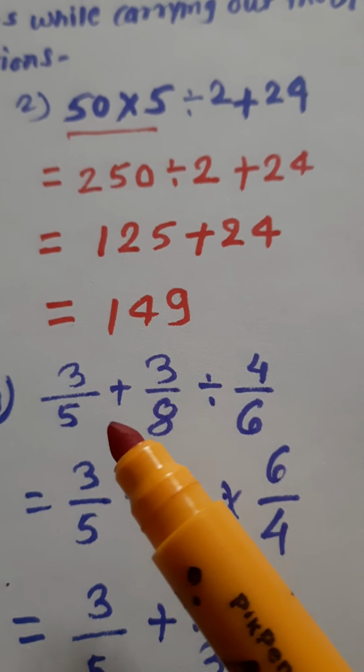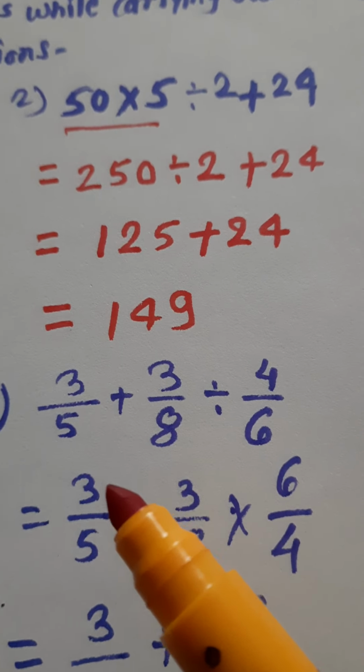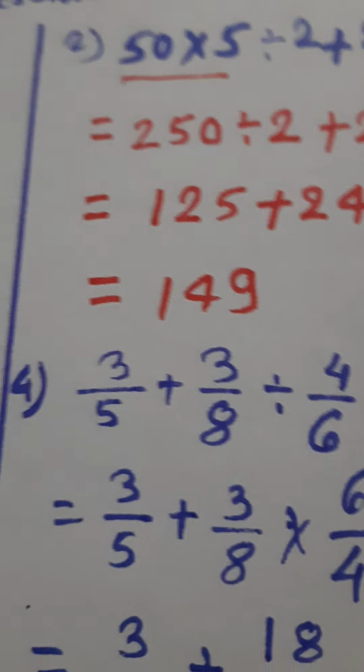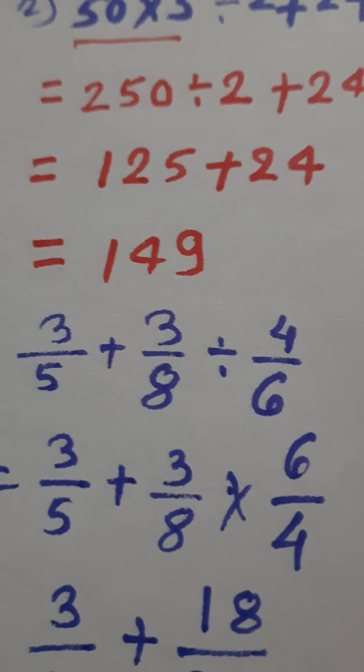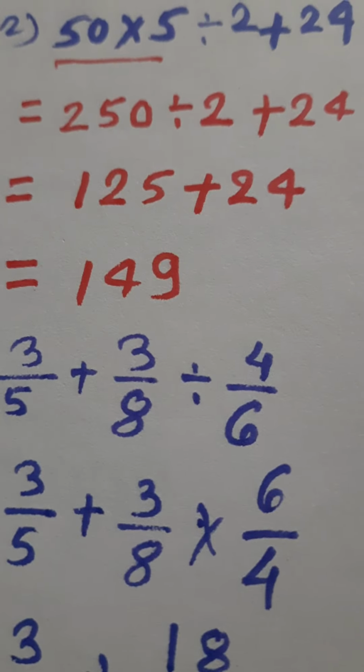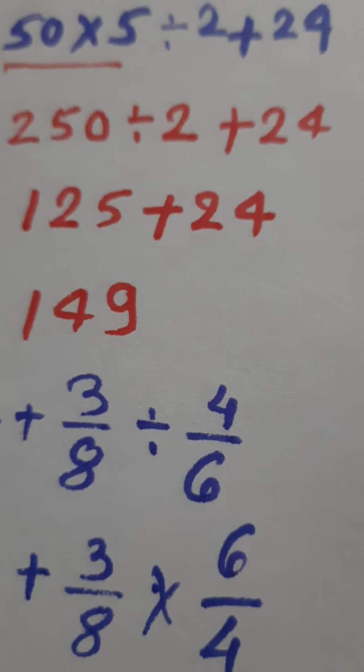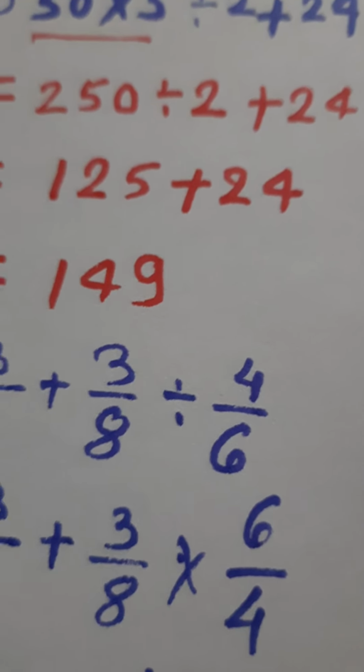Here some numbers are given, that is 3 upon 5 plus 3 upon 8 divided by 1 divided by 4 upon 6.